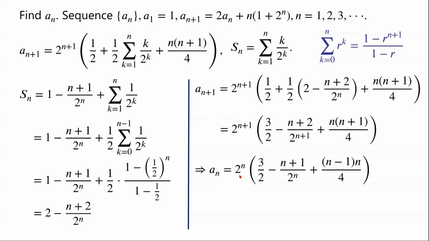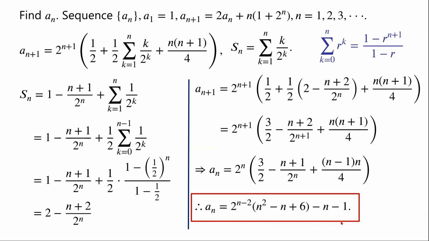So an equals 2 to the power of n times 3 over 2, minus (n plus 1) over 2 to the power of n, plus (n minus 1) times n over 4. 2 to the power of n times (n minus 1) times n over 4 can be written as 2 to the power of n minus 2 times (n squared minus n). 2 to the power of n times 3 over 2 can be written as 2 to the power of n minus 2 times 6. 2 to the power of n times minus (n plus 1) over 2 to the power of n can be written as minus n minus 1. So this is the general term.